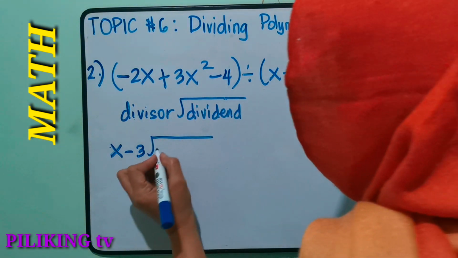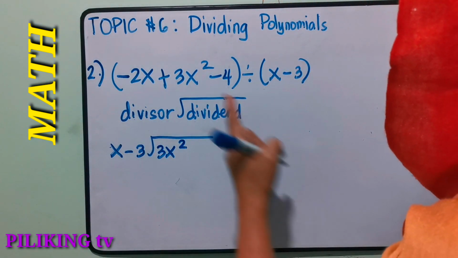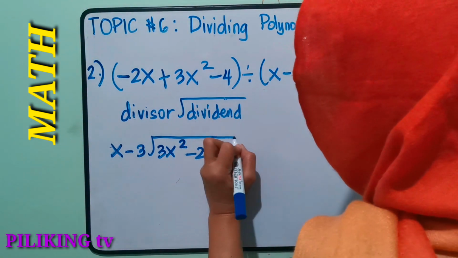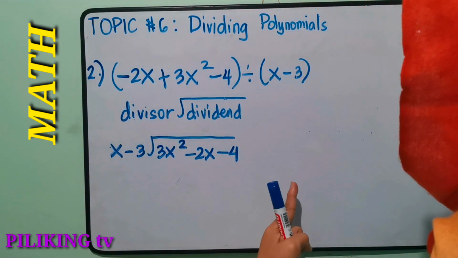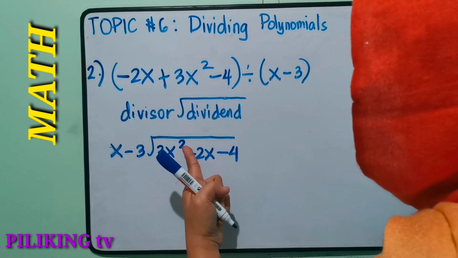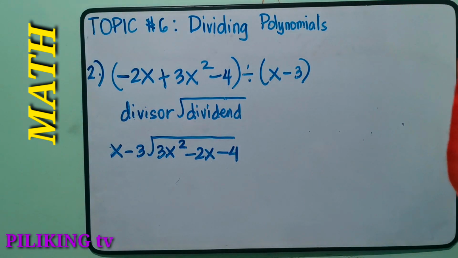We have 3x squared, then followed by negative 2x, then we have the constant negative 4. So it is descending power of x, since we will start with the x squared, then followed by x raised to 1. Okay, so that is the first step.